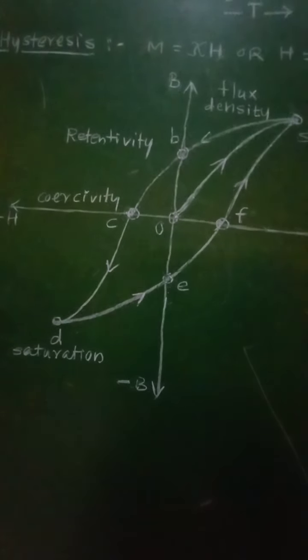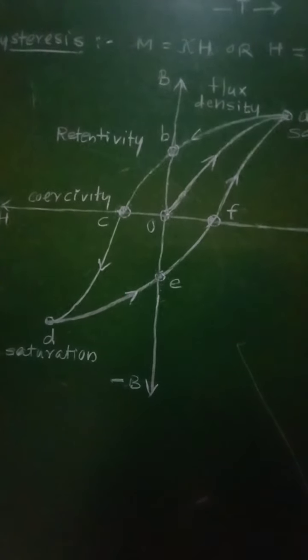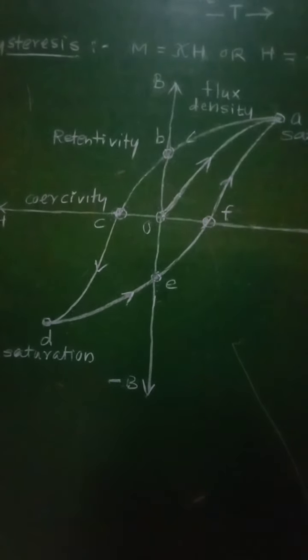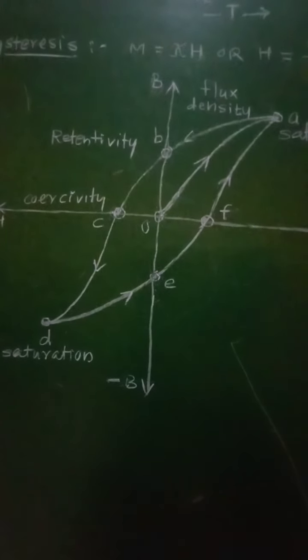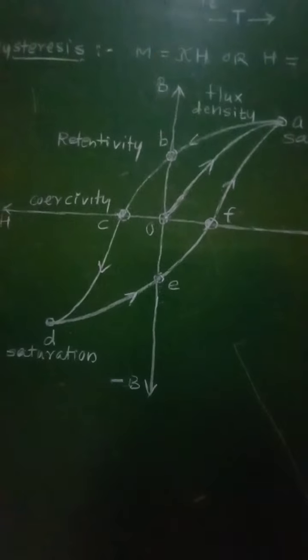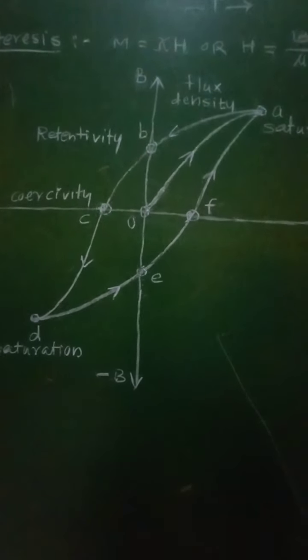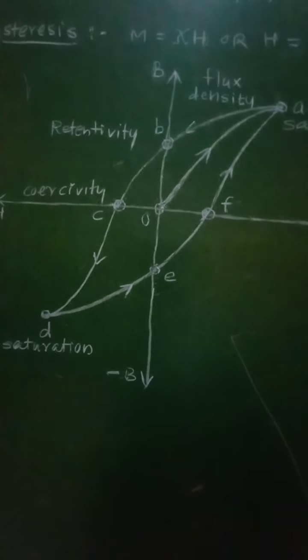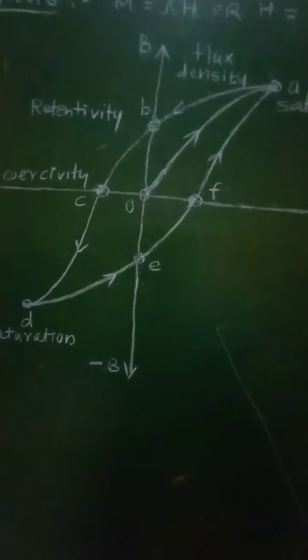On reaching point A, one loop is completed, and this loop is called the hysteresis loop, and the process of taking a magnetic material through this loop is called the hysteresis cycle. So A, B, C, D, E, F, A gives rise to the hysteresis loop or hysteresis cycle.